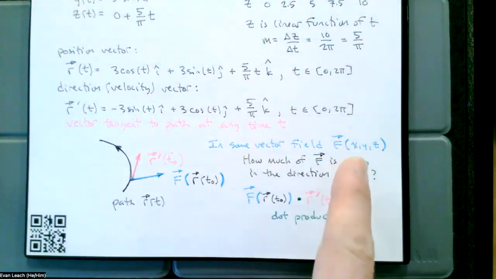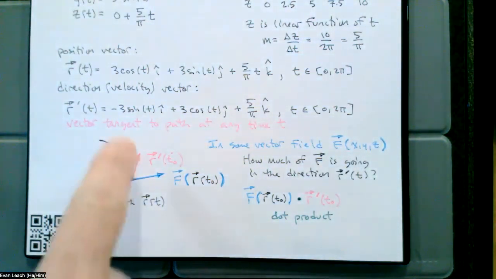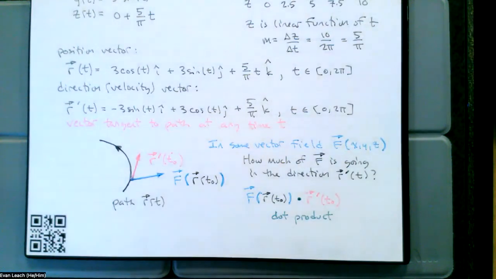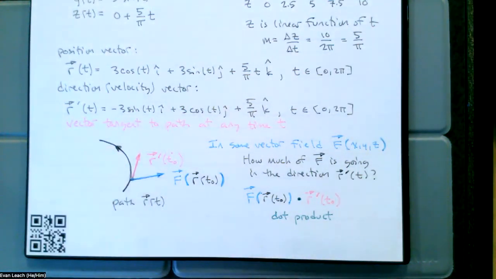But both the vector field and the direction along the path are changing continuously. They're continuously variable. That means we are going to have to be integrating along the path. This is unfortunately called a line integral, even though we're not on a line, we're on a curve. But it's a one-dimensional thing, so it kind of might as well be a line. You know what I mean?